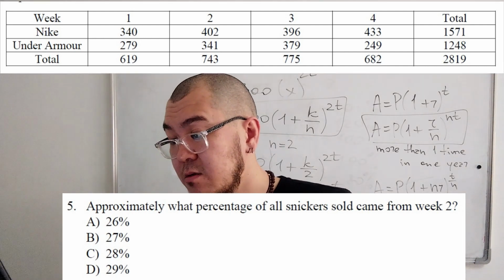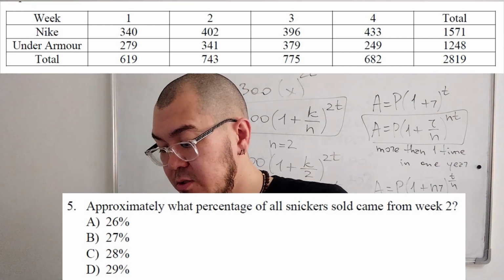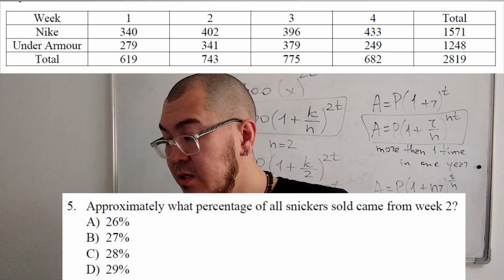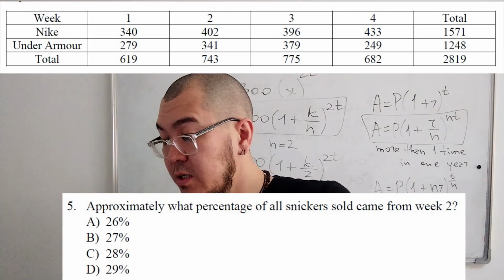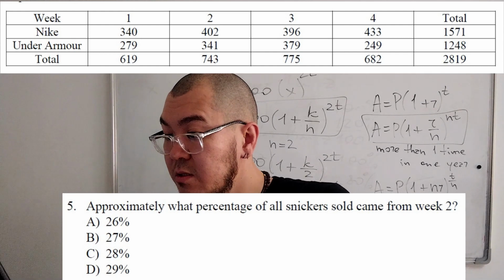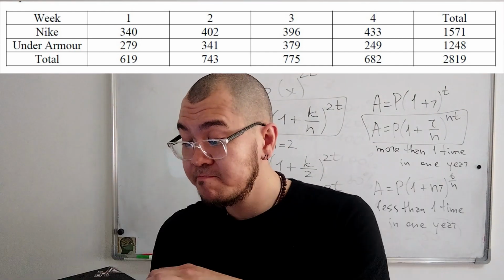Dividing these two numbers, 743 divided by 2,819, we get 26%. So the answer is A.